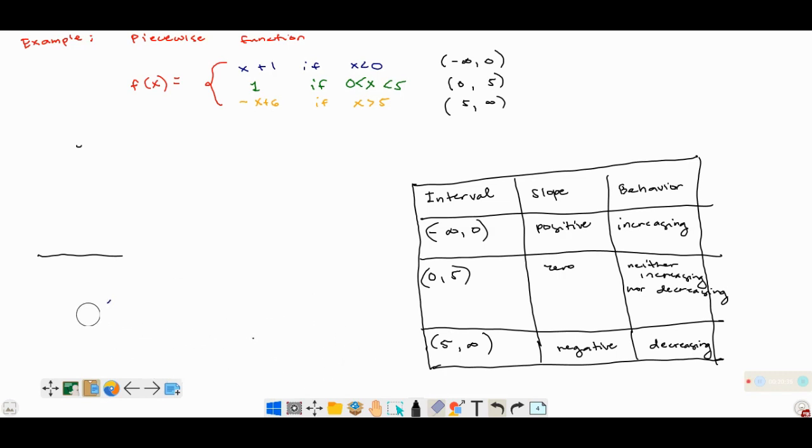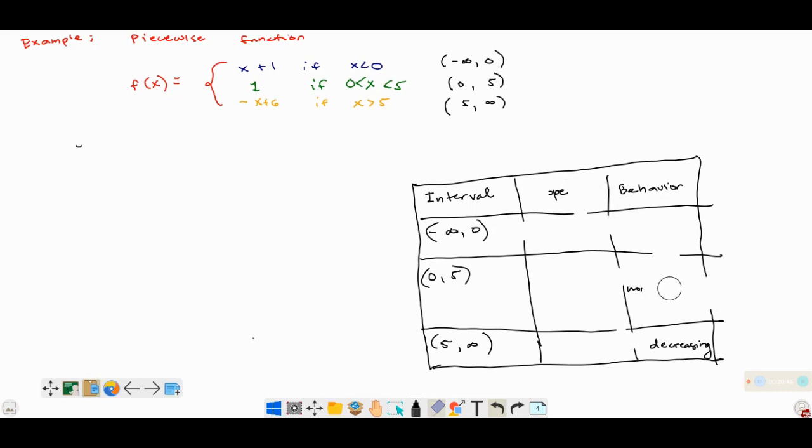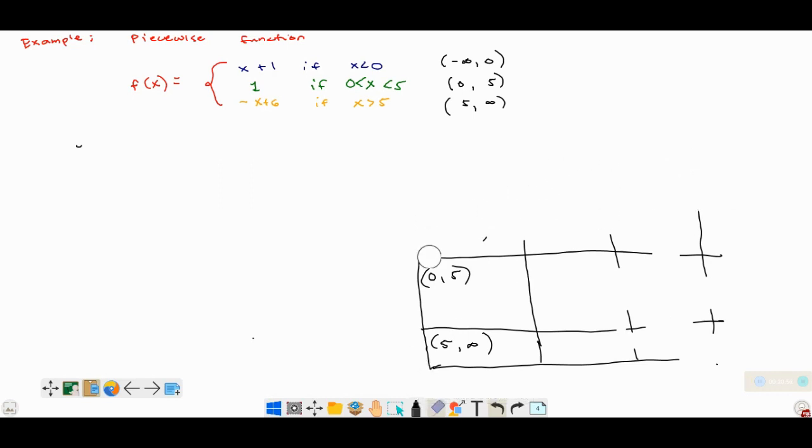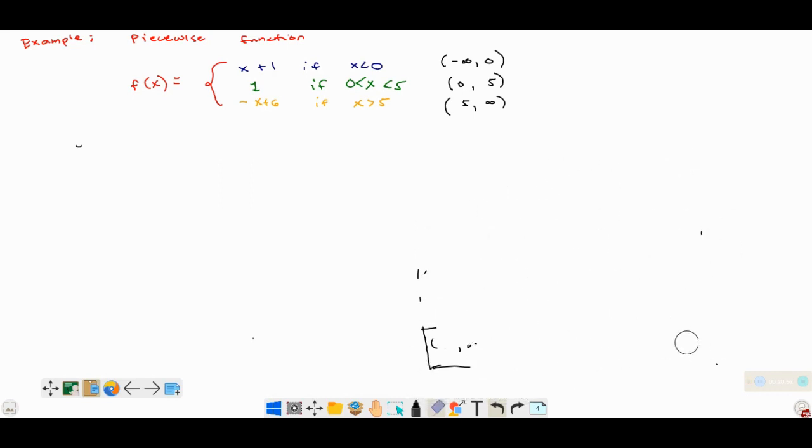Hindi tayo mag-graph. Pero again, syempre, burahin ko na lang yung ibang parts dito. Yan. Pangit. Burahin ko na lahat. Okay. Yan. So, sabi ko nga, hindi tayo mag-graph this time.